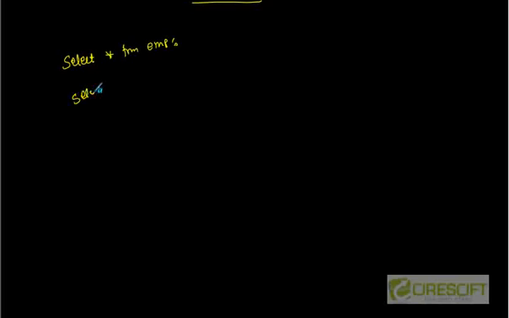Is there any way that I can do select star from EMP as of a particular timestamp or particular date? That is essentially what flashback query is about. So flashback query is going to give you a result flashed back to a particular time.